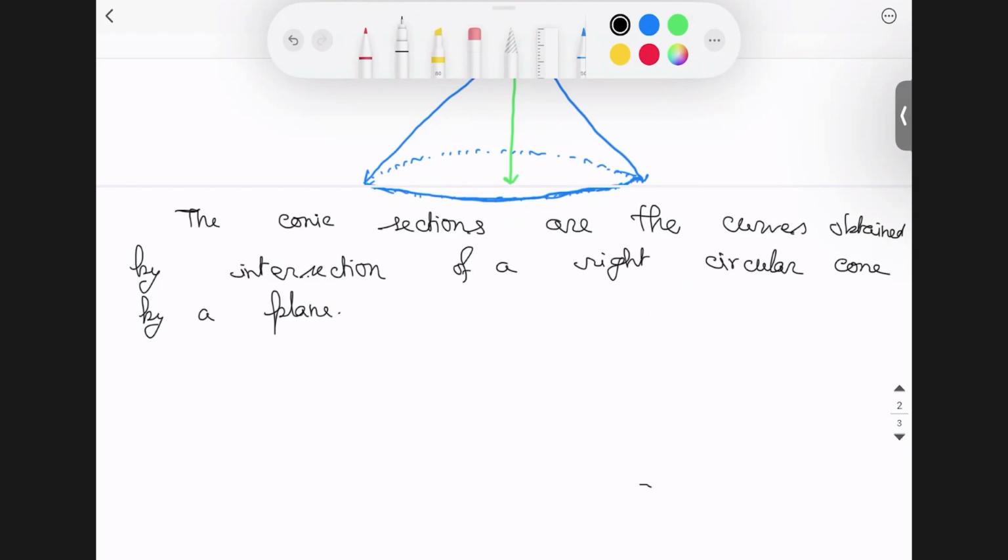Okay. So what is a conic section? A conic section is the curves obtained by intersection of a right circular cone by a plane.